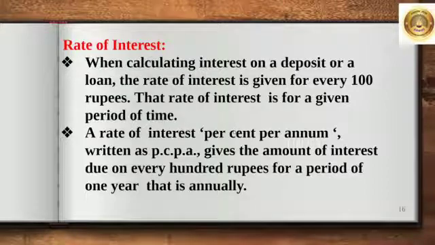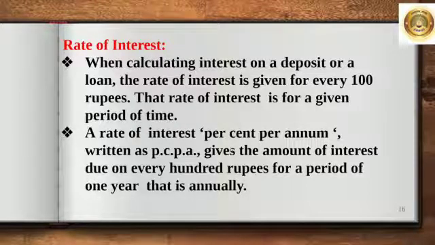A rate of interest, that is percent per annum, is written as PCPA, gives the amount of interest due on every 100 rupees for a period of 1 year. That is annually. This is normally written as 10% per annum, 12% per annum. What does it mean?